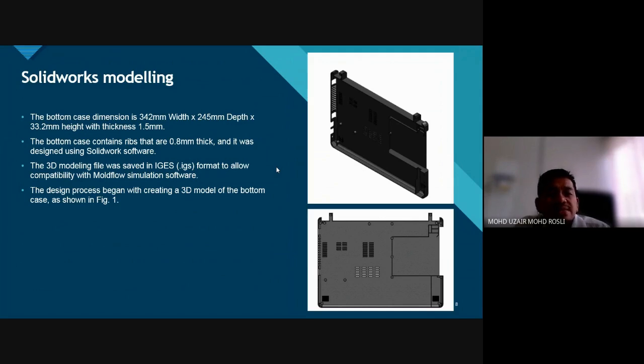So we can see here the part that we select is a large part and very thin with 0.8 thickness. The 3D modeling file was saved in IGS format to allow compatibility with Moldflow simulation software.